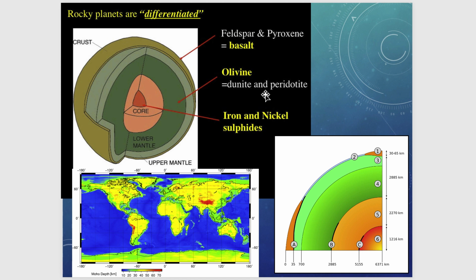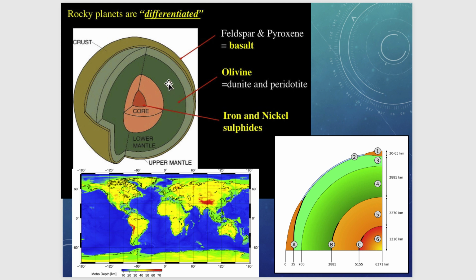Okay, so these are the first two rocks we mentioned, but you can think of it in terms of minerals as more enriched in magnesium. So olivine will be the dominant mineral that we find in these dunites and peridotites.